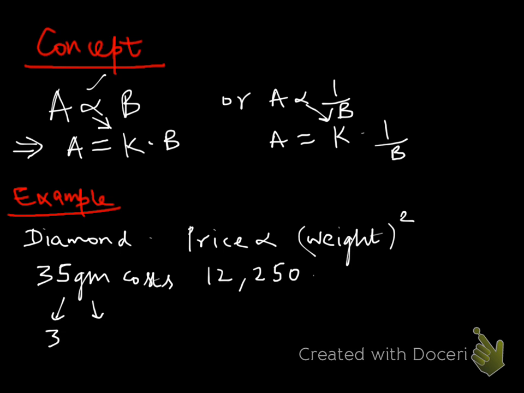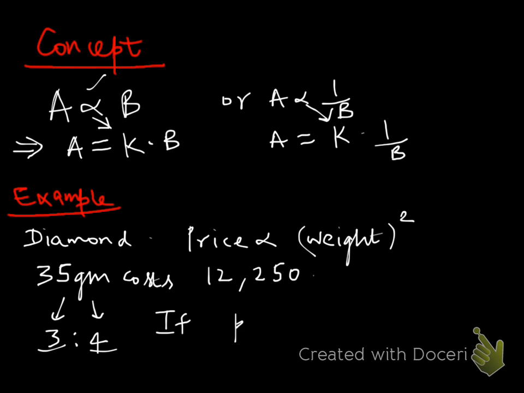And let's assume it gets dropped and it breaks. The diamond breaks into two parts, and the weights of those two parts are in the ratio 3 is to 4.